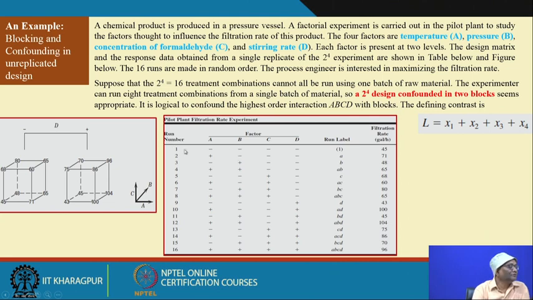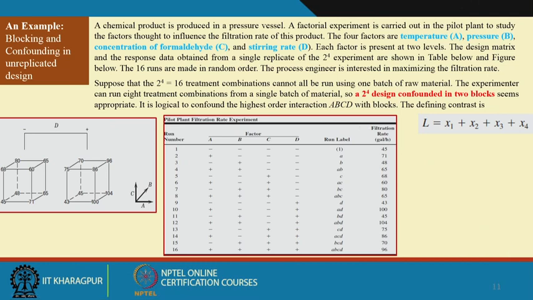And you also know how the run levels are defined with reference to these alphabets. These are the run levels, and suppose you have done it once, because you have restrictions with resources and all those things.